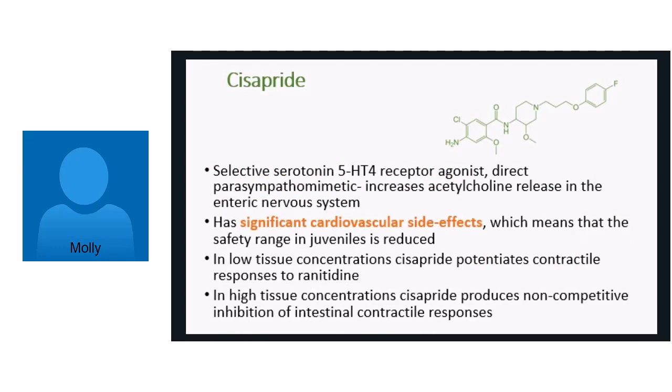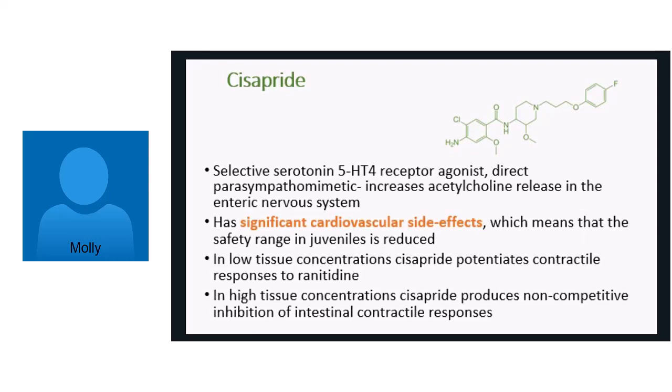So cisapride, this is something we quite commonly use in the UK. I believe that it has been taken off the market in the US, and it's variably available elsewhere. Now, cisapride, again, is a selective serotonin 5-HT4 agonist, and it has a direct effect on the parasympathetic nervous system.